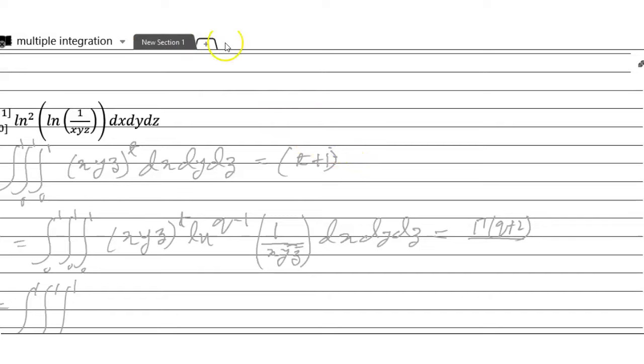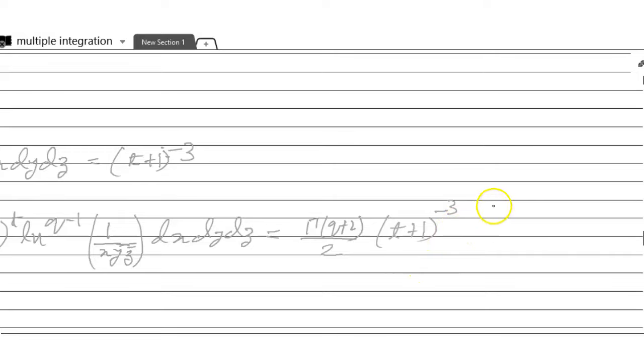It can be written t plus 1 whole to the power minus 3, gamma q plus 2 divided by 2 into t plus 1 whole to the power minus 3, plus q plus 1.